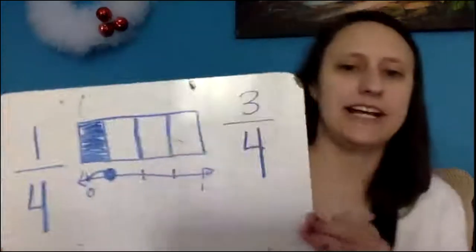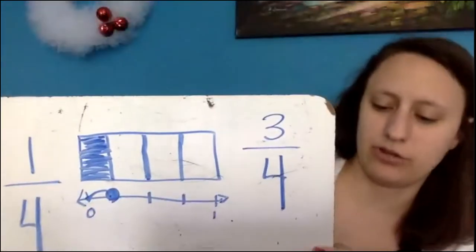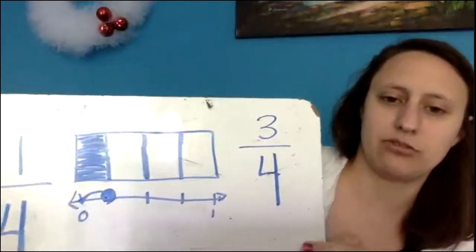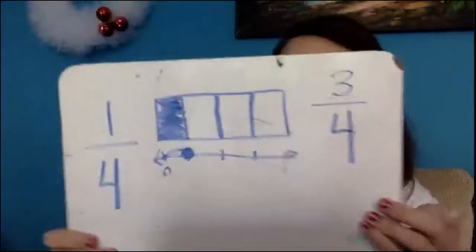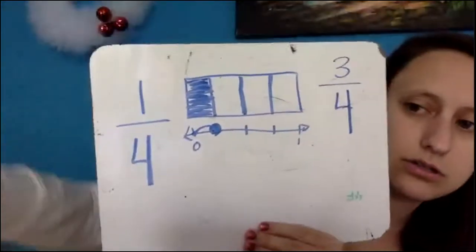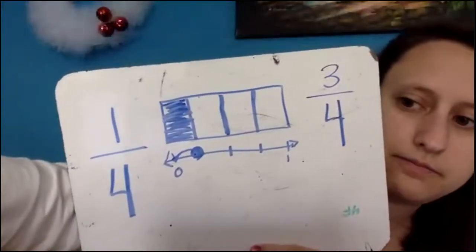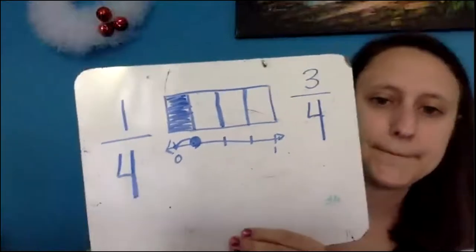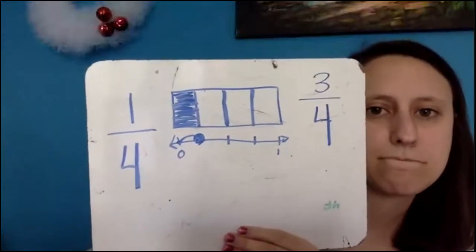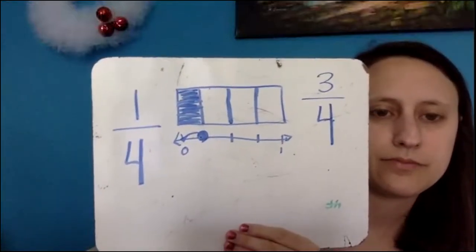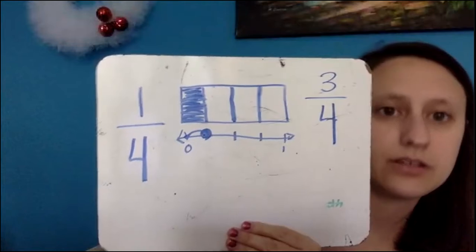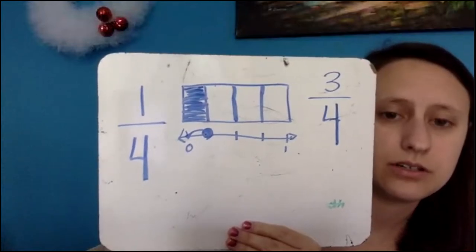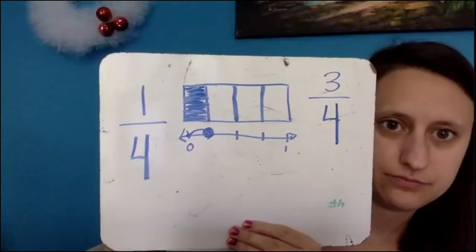Something going on in your brain there, Rylan, to tell you to say 3/4. What makes you say 3/4 is larger than 1/4? You shaded 3, but 3 is larger than 1.